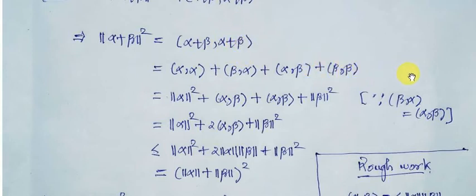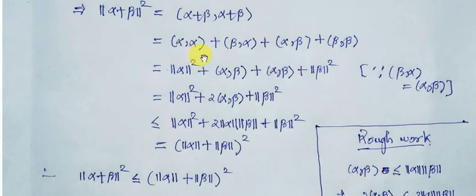According to the definition of norm, alpha comma alpha will be equal to norm alpha square. And we know the first property was the symmetry property for an inner product function. So beta comma alpha will be equal to alpha comma beta. This was the symmetry property for inner product.